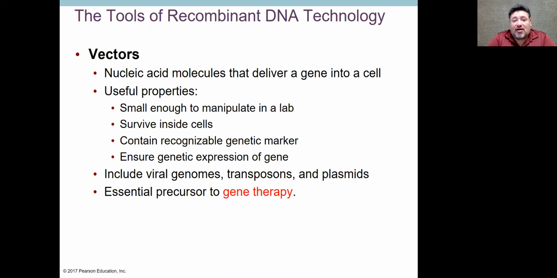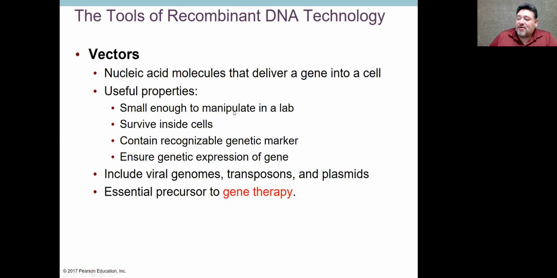And we've also talked about small interfering RNA, which is a vector that can be hypothetically delivered to a cell in order to interrupt the expression of some protein. So again, a vector is something that delivers a genetic payload into the host.